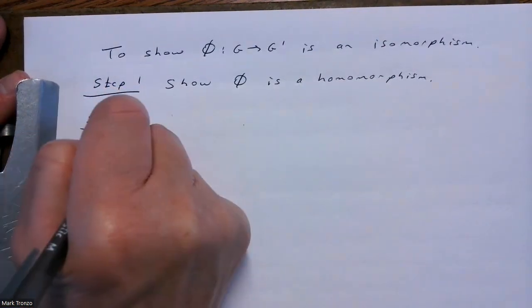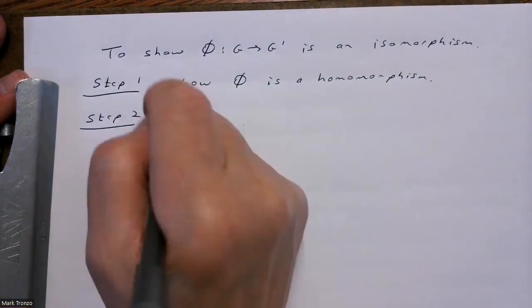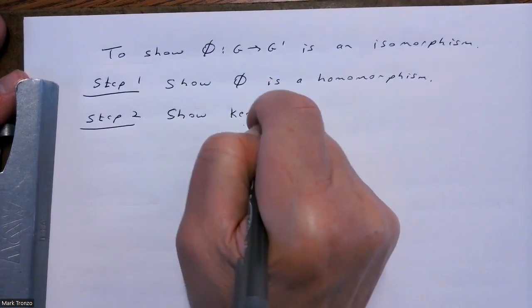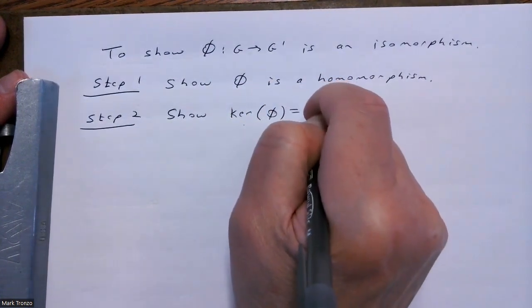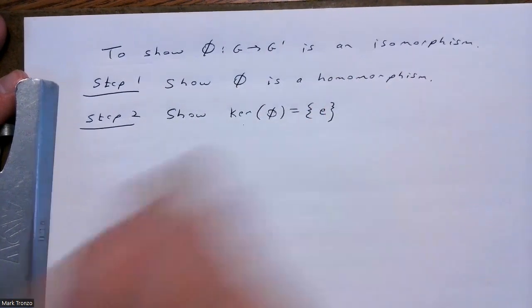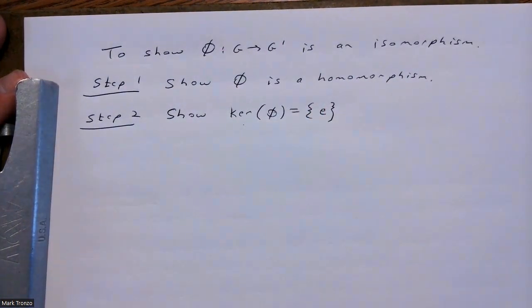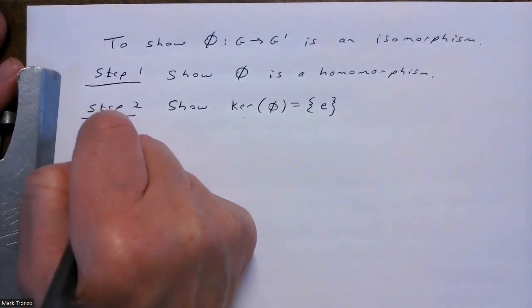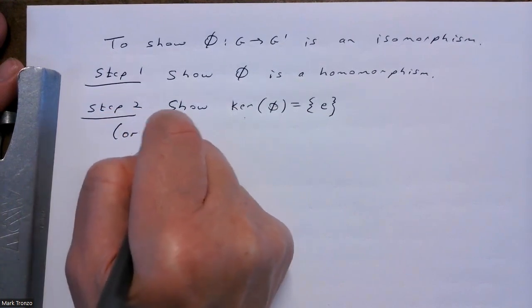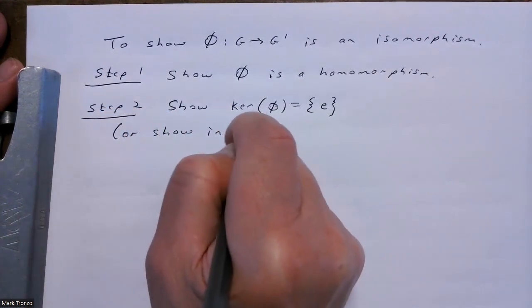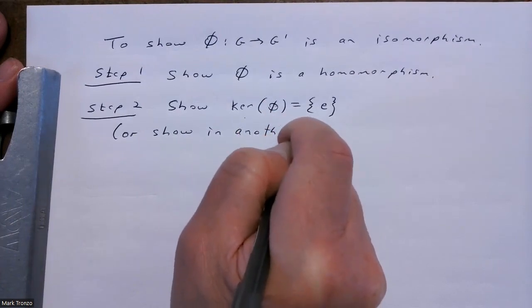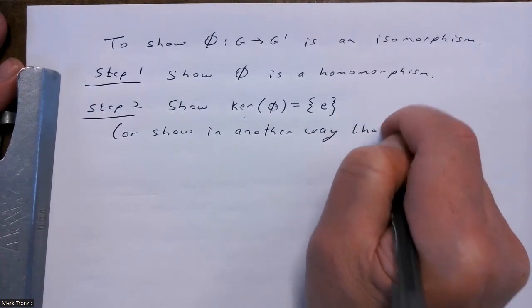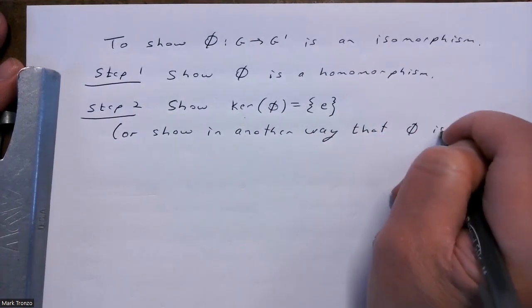Step two, show that the kernel of phi is equal to the identity, or, in parentheses, show in another way that phi is one-to-one.